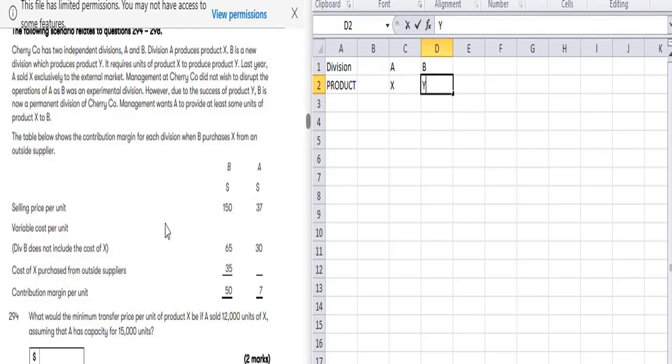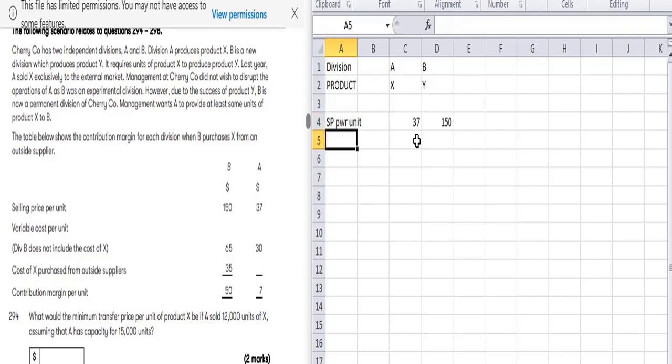B was purchasing product X, which is used in manufacturing product Y, from the outside supplier, but management has decided that division A should also manufacture some units of X for division B. The selling price for product Y is 150, and for product X it is 37, per unit.